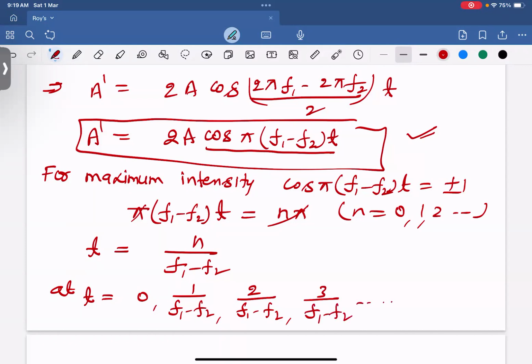These are the times the intensity of sound will be maximum.